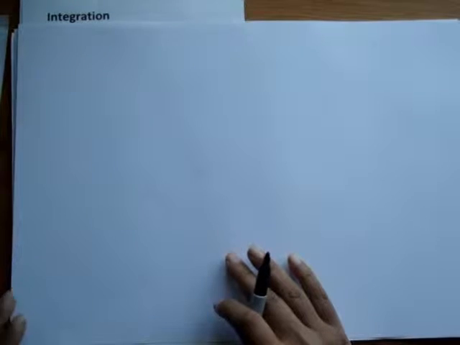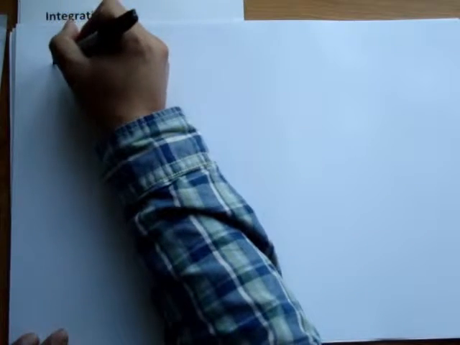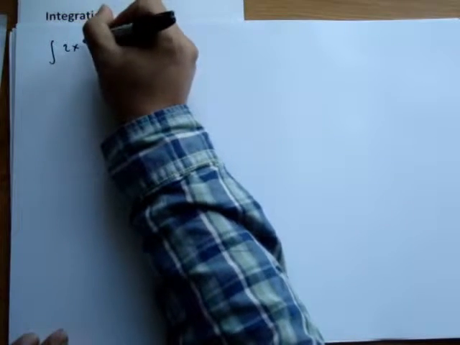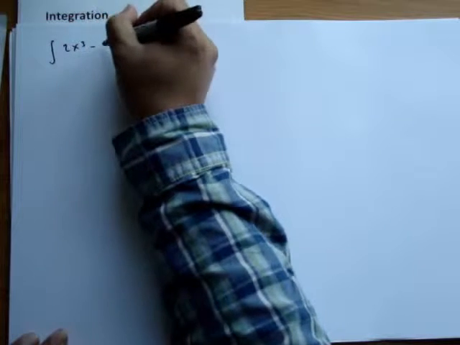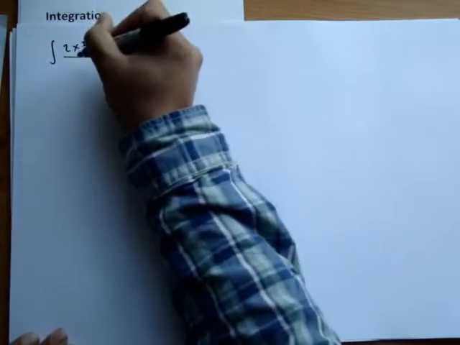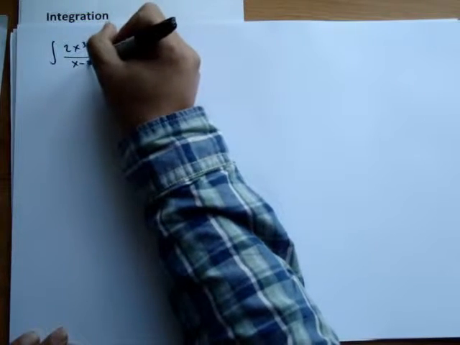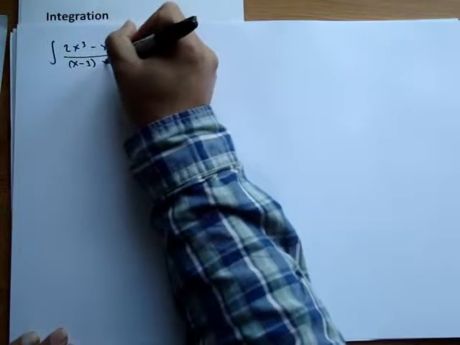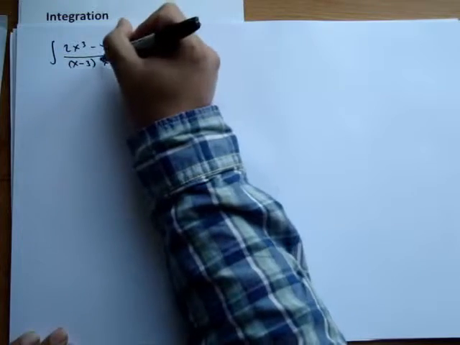Using the degree of the polynomial in the numerator is to use algebraic long division. So for that previous problem, if we had the integral again of 2x cubed minus x minus 1 all over (x minus 3)(x squared plus 1).